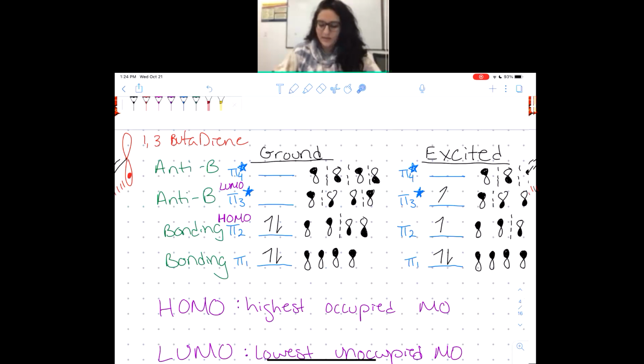Essentially, an energy level is just telling us about the nodes. The bottom energy level doesn't have any nodes, so it's super stable, very low energy. Then as we go up, we have one node, so this area has higher energy, and then higher energy and higher energy. So energy is one way to think about it.